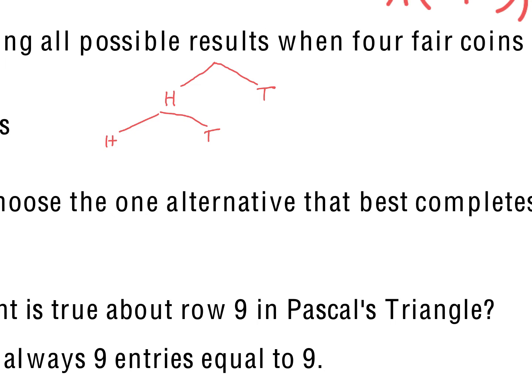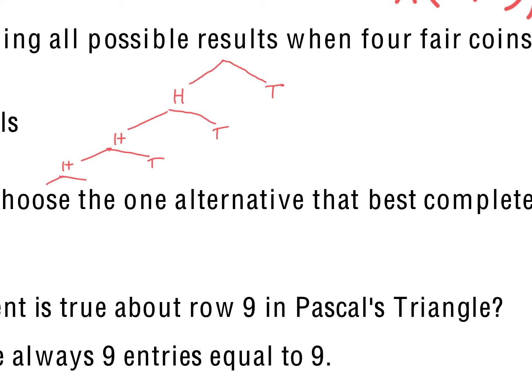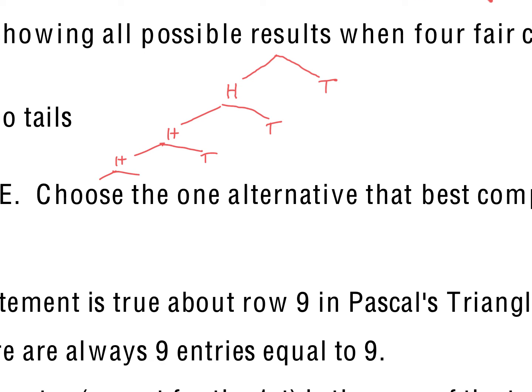The next flip could be heads or tails. And the last flip could be heads or tails. Okay, and so that's going to be 4 flips. That would be all 4 heads.